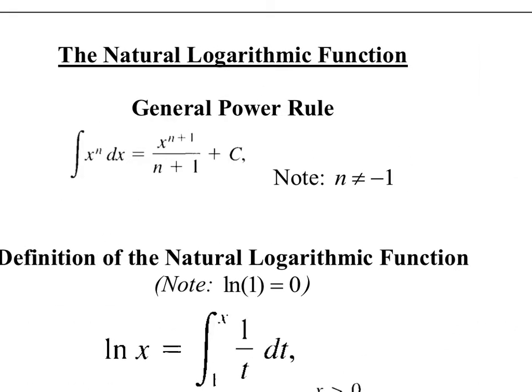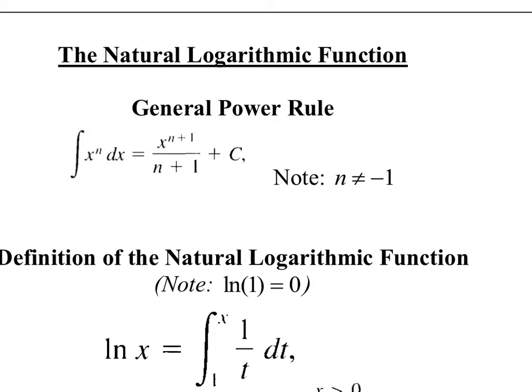Okay, remember our power rule for integrals. What we're building to here is that in the next couple days we're going to look at integrals of natural log functions. But our power rule did not work if n is negative, when n was -1, x to the -1.